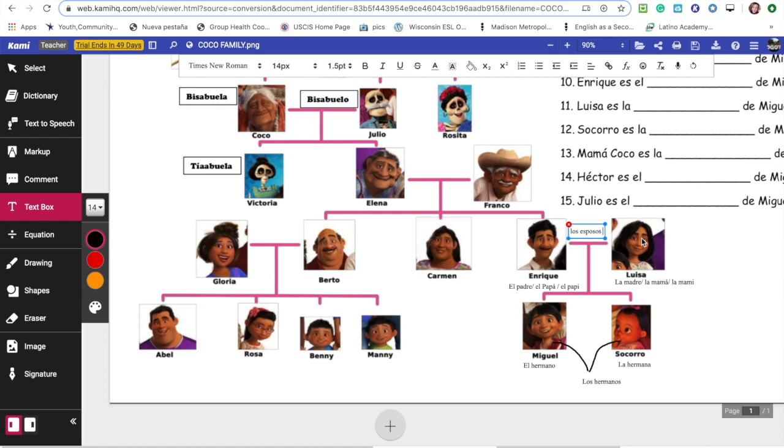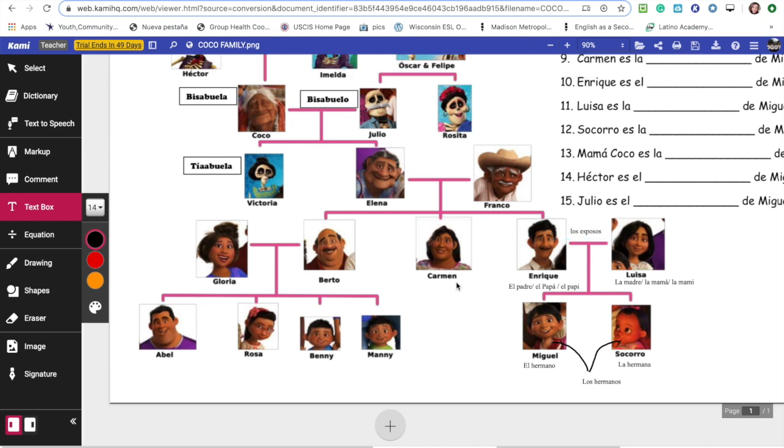So Luisa will be la esposa de Enrique, and Enrique will be el esposo de Luisa. So el esposo, husband, la esposa, wife, and los esposos, husband and wife. Again, we just have one word and the endings change. Muy fácil.